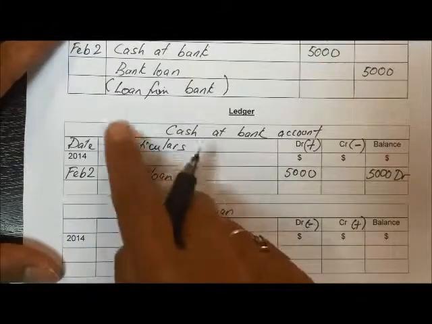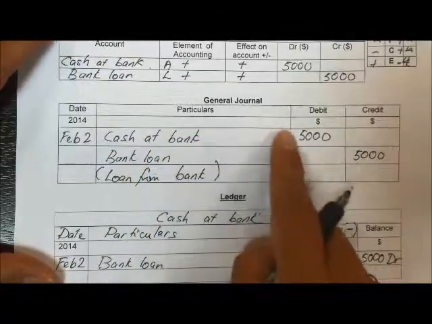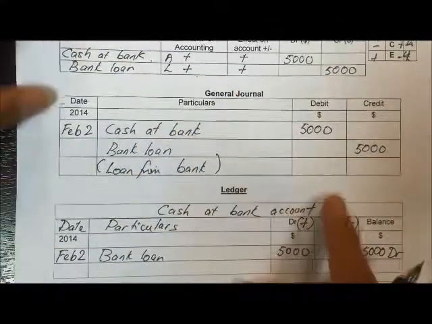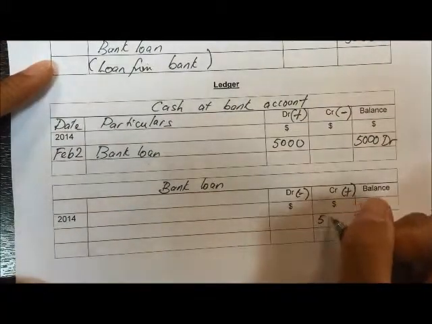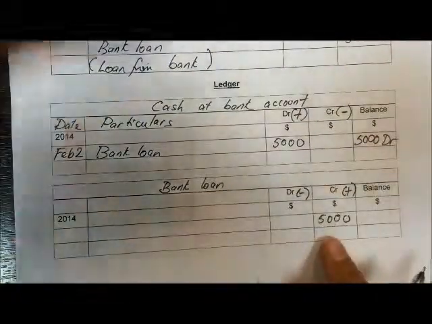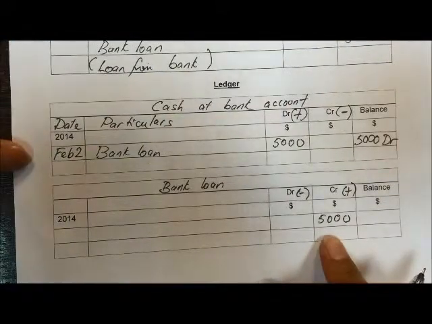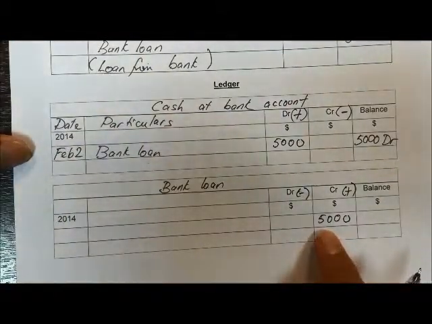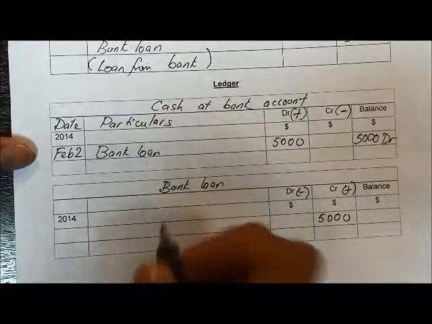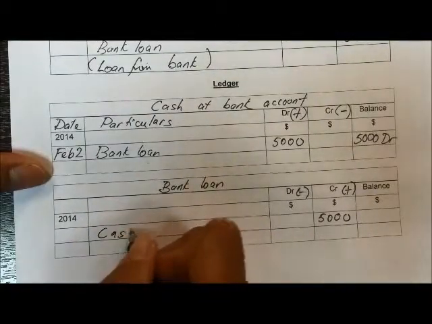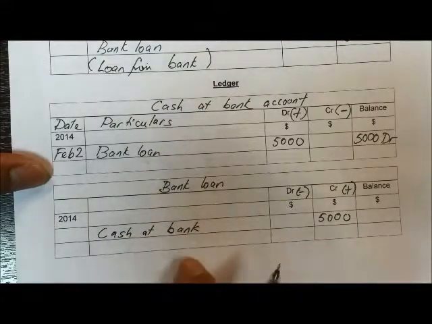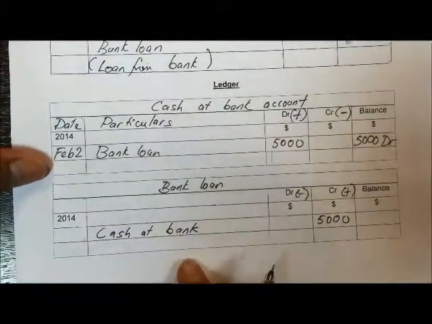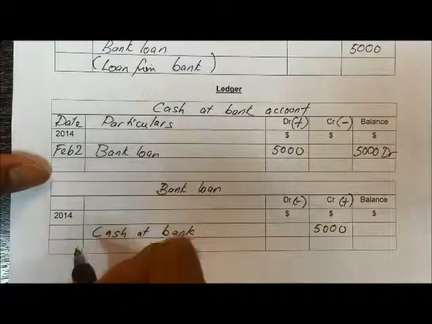So the next account we're going to look at is the bank loan. So what are we going to do? We need to credit the bank loan account. Enter on the credit side. So the loan is $5,000. Enter to show the amount owed to DEF Bank. And in the particulars column, we will write down cash at bank, which is the name of the account where the debit entry is posted to.